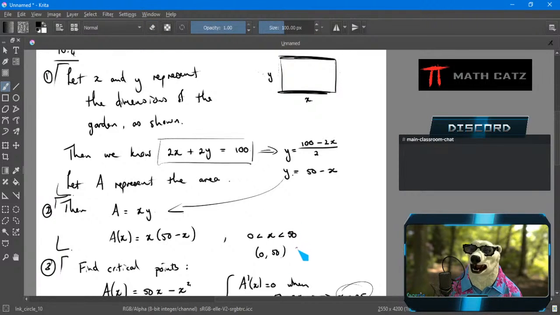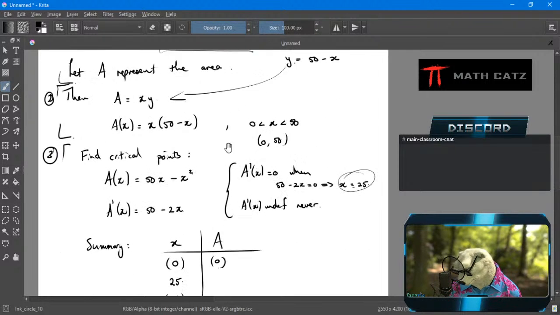Sometimes I don't really care. Well, sometimes it's easy enough to find a hard number there. But still, I can't really actually have x equal to 50, because then I've used all the fence, and I have no width, so I have no garden. So I still don't have any equal here. But if I look at it this way, maybe it's a little bit easier to wrap your head around.